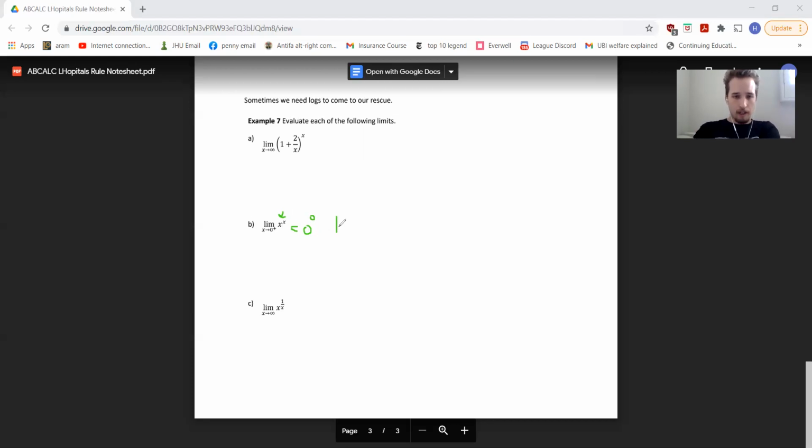So I ln f of x, right, because f of x is this, in this case. And so limit as x goes to 0, and we get ln of x to the x power.